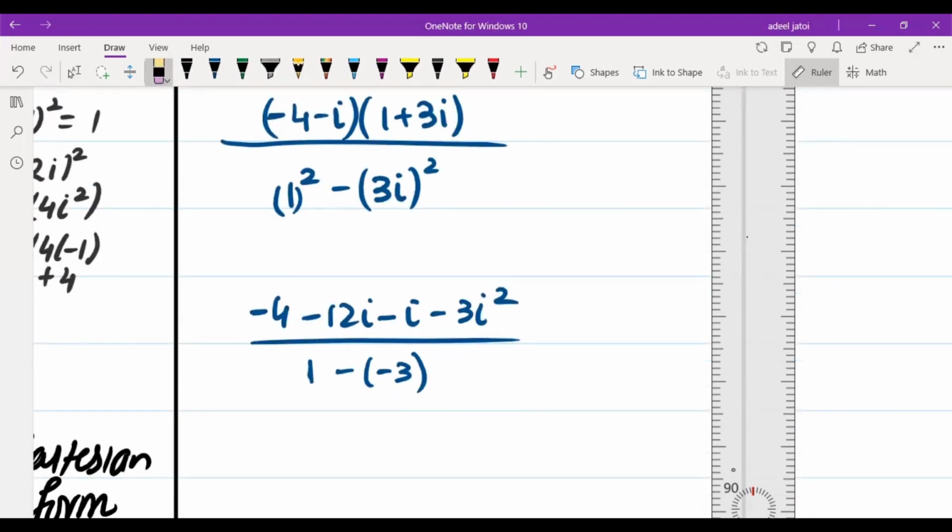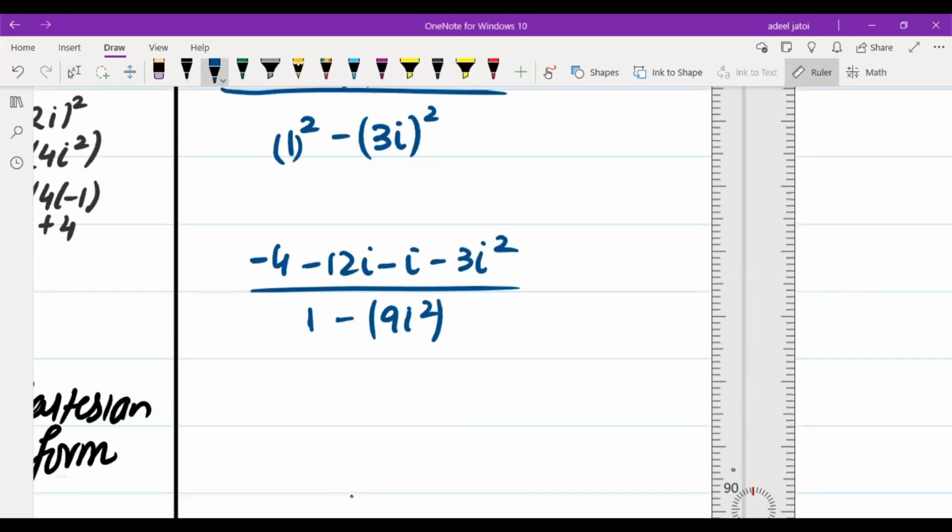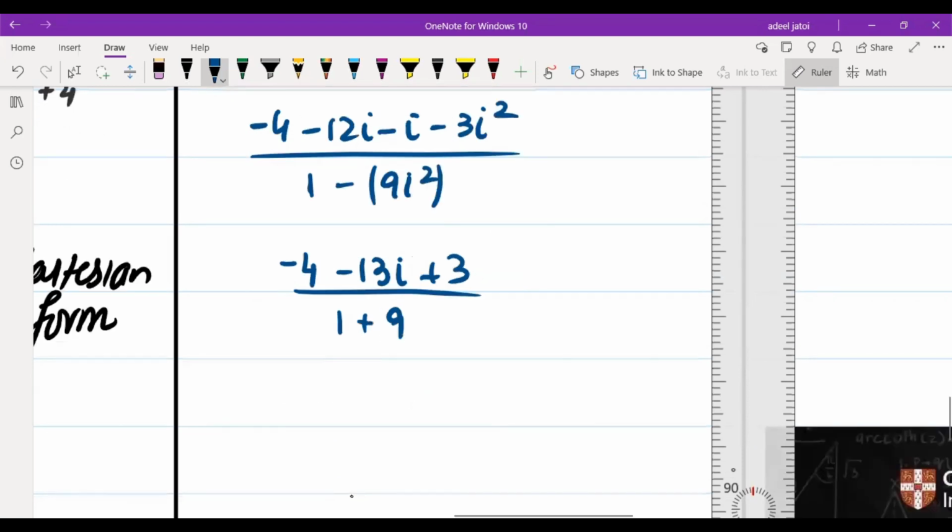Let's just correct this thing. This will be 9 iota square. So 1 minus 9 iota square. So this should be minus 4 minus 13 iota plus 3 upon 1 plus 9, which means we will end up having negative 1 minus 13 iota upon 10.